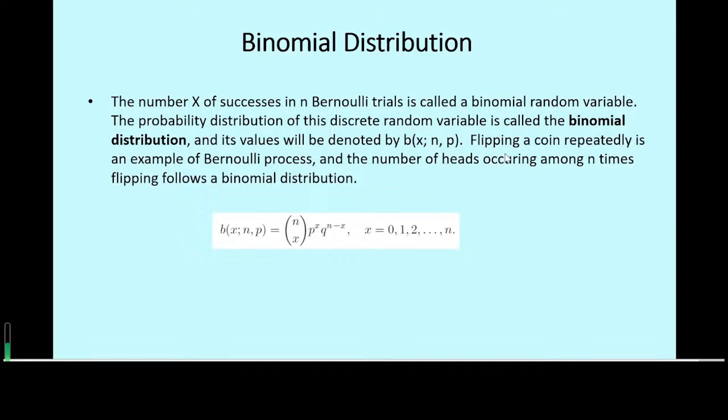For example, flipping a coin repeatedly is an example of a Bernoulli process, and the number of heads occurring among n flips follows a binomial distribution.